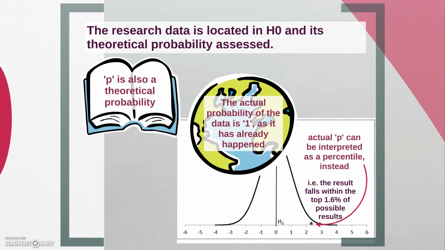For example, in our example, if you remember well, our p-value was 1.6%. So this p-value can be interpreted as having fallen within the top 1.6% of the potential values in the null distribution.